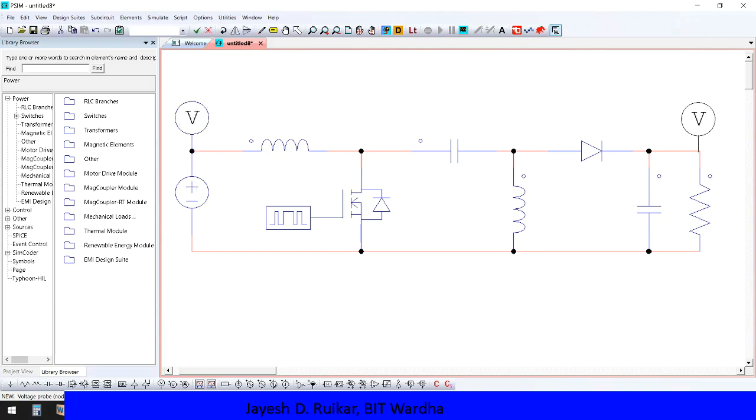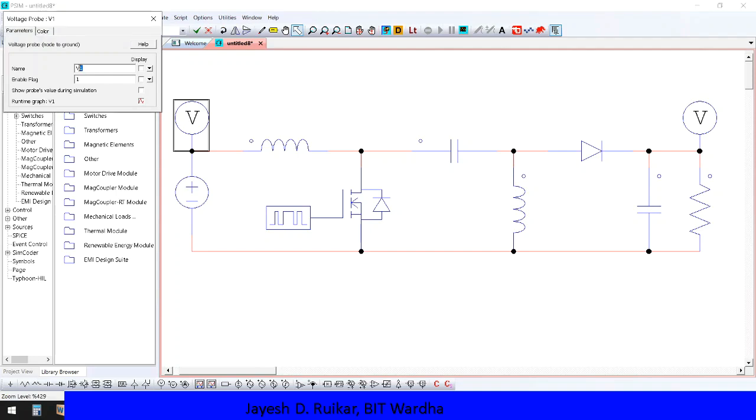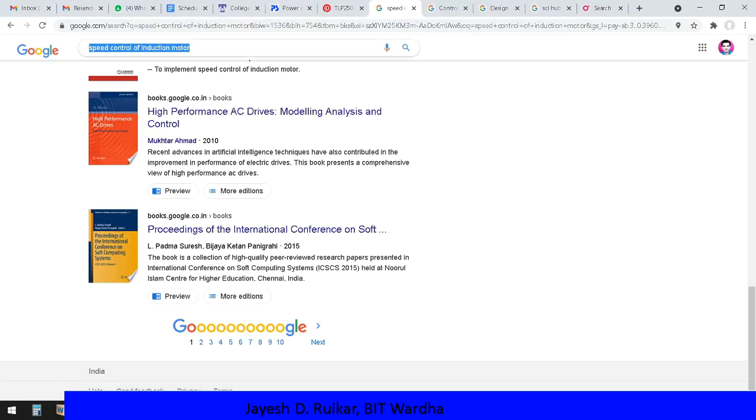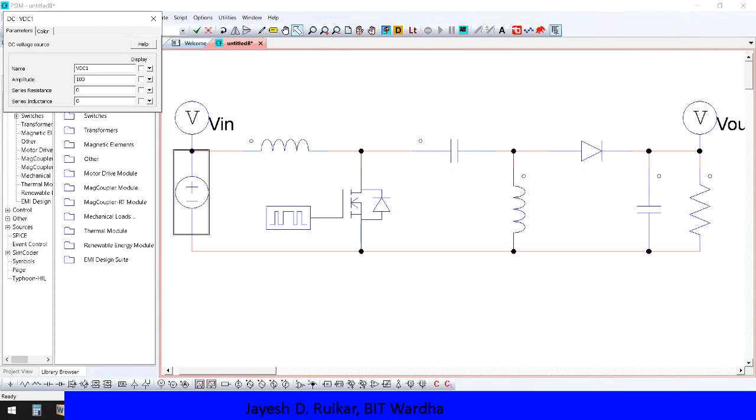Two voltage probes I will use. I will give the names now. So this is my V in. I will display it. This is my V out. Display it. Okay, the value of Vs is 9 volt.